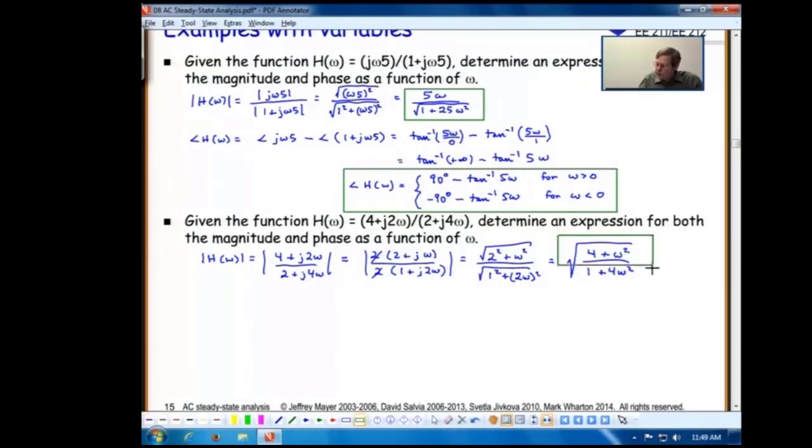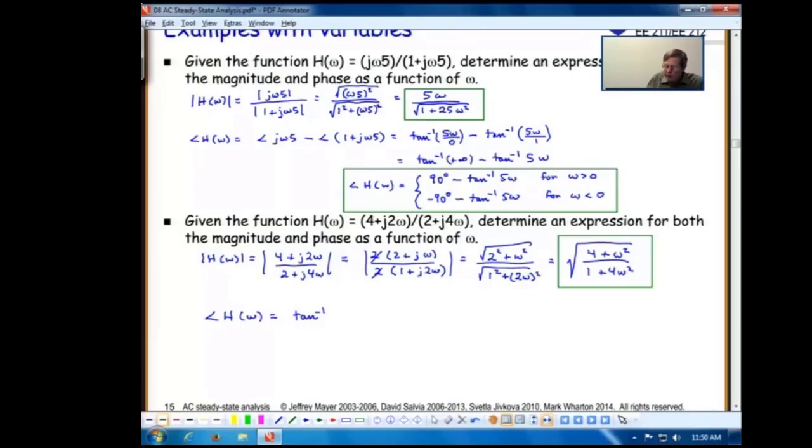So there's the magnitude, and then we can get the phase, or the angle H of omega, equals inverse tangent of imaginary over real. Let's take this part of the expression here.